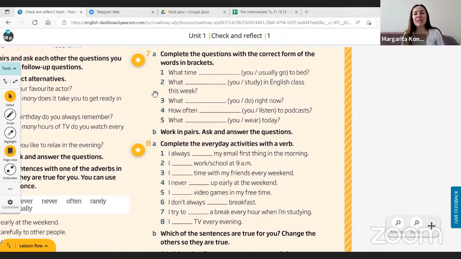Let's see. So, what time do you usually go to bed? I usually go to bed at 11 p.m. Right, okay. You can ask me the same one. And you? Right, I usually go to bed a little later.